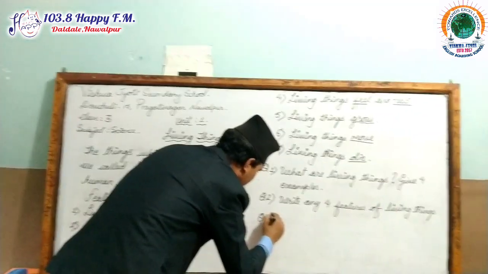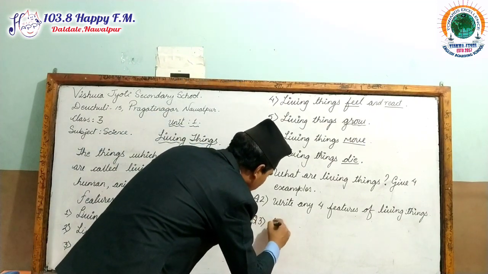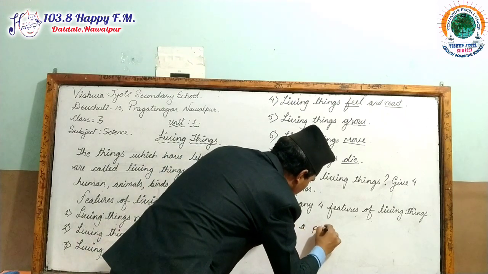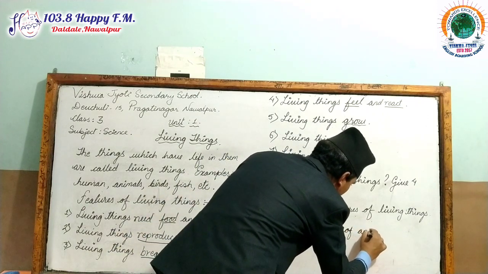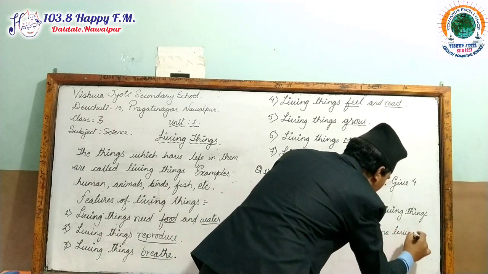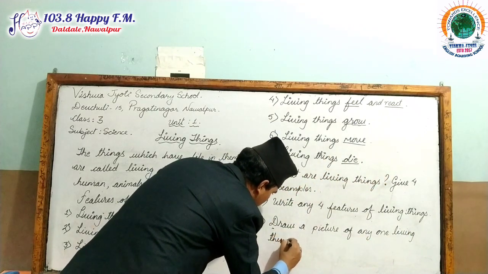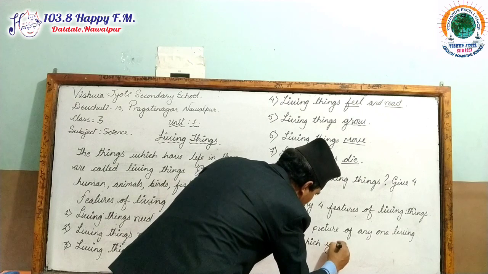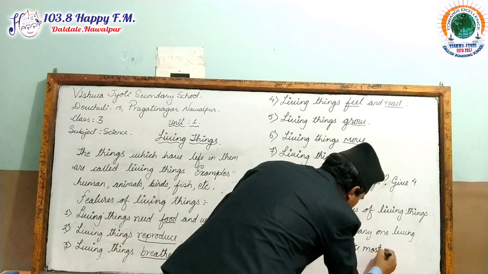And question number 3: draw a picture of any one living thing which you like most.